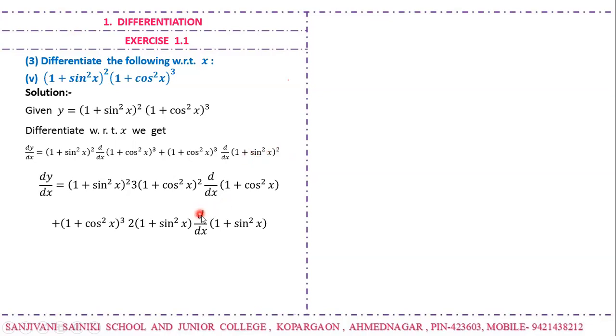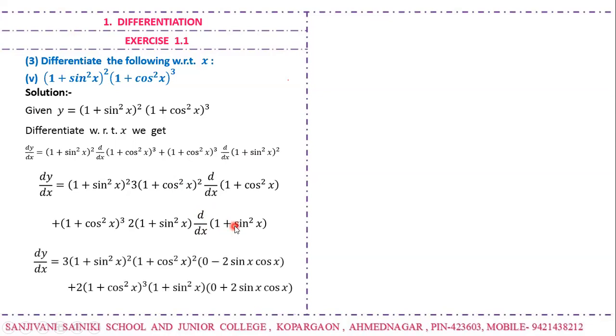So f'(x) means d by dx of 1 + sin²x. So d by dx of 1 + cos²x: d by dx of 1 is 0, and d by dx of cos²x is 2 cos x into minus sin x, so it becomes minus 2 sin x cos x. Similarly, sin²x, its derivative is 2 times sin x into cos x.